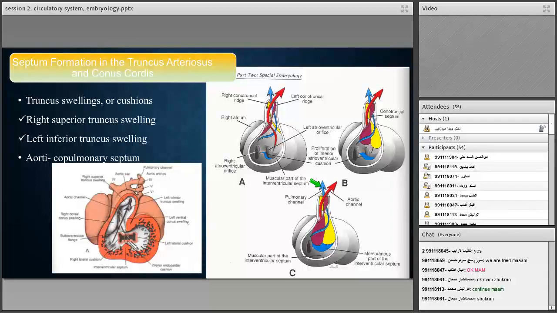If this twist doesn't happen, there would be problems, for example, as I said, the transposition of the big vessels.